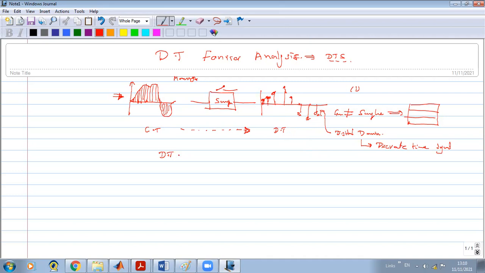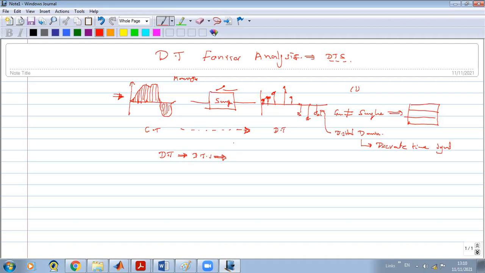Mostly in electronic circuits we come across discrete time signals, not continuous time signals. So we have to analyze this discrete time signal also. It is more important than analyzing a continuous time signal, I hope.